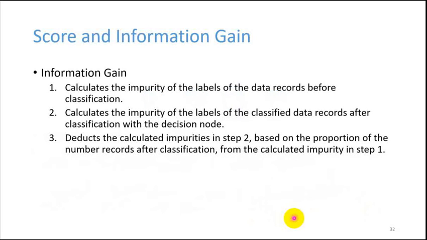For calculating the information gain, first we need to calculate the impurity of all the labels for all the data records. And then we calculate the impurity of labels for the records after classification. And finally, we deduct the impurities calculated in the second step from the impurity calculated in the first step.